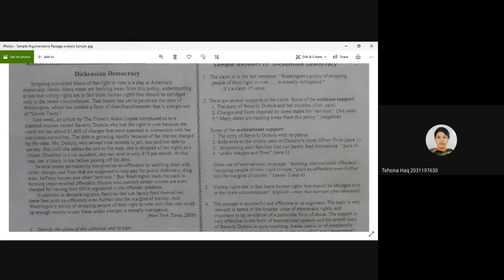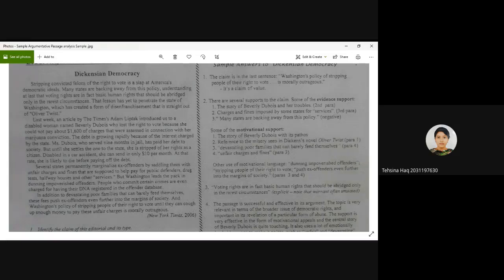Last week, an article by the Times' Adam Liptak introduced us to a disabled woman named Beverly Dubois who lost the right to vote because she could not pay about 1,600 of charges that were assessed in connection with her marijuana conviction. The debt is growing rapidly because of the interest charged by the state.